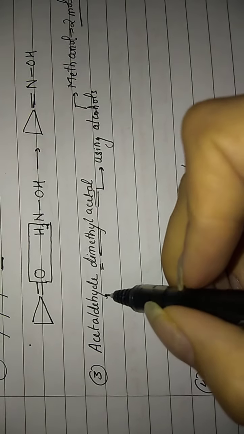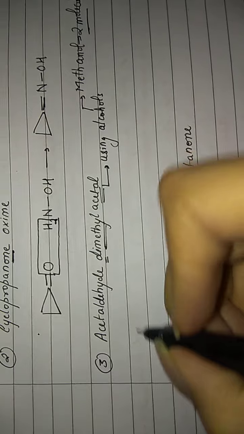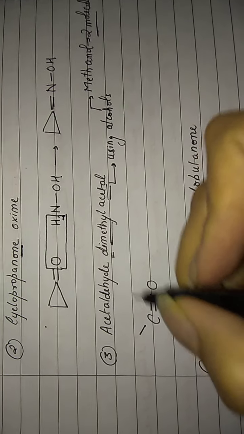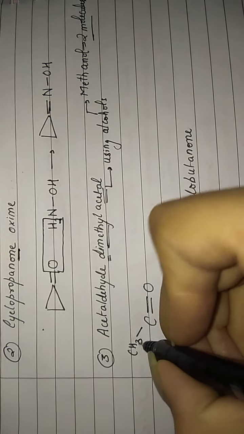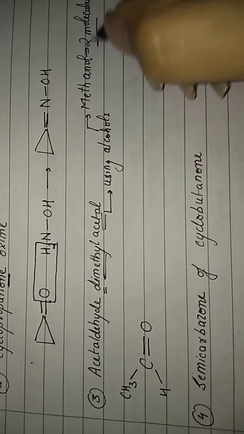Now you have to draw the dimethyl acetal of acetaldehyde. What is acetaldehyde? Again, I first draw the C double bond O group. Acetaldehyde is CH3CHO. Now, as I said, I will be using 2 molecules of methanol.